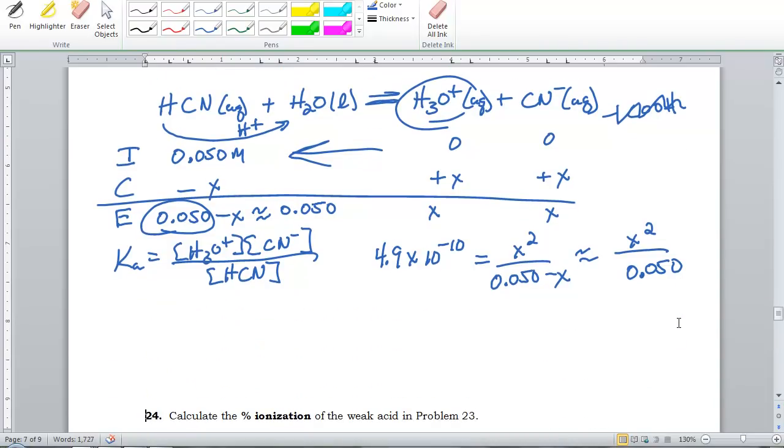And we'll figure out that's true in the next problem by calculating percent ionization.